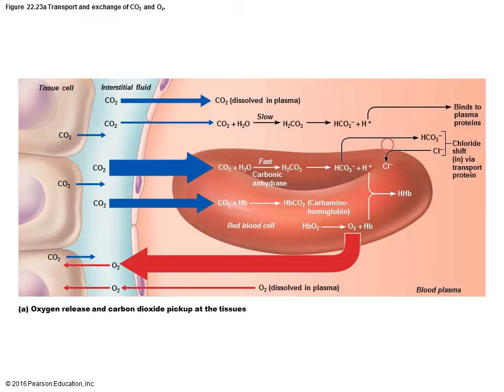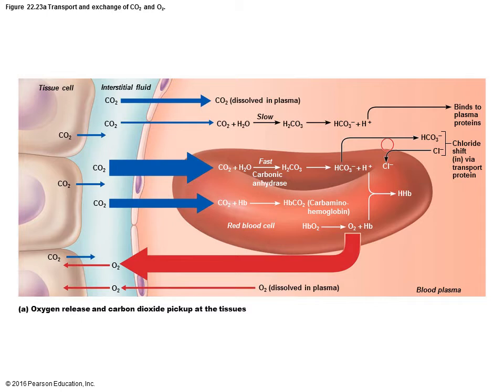This diagram shows the blood plasma on the right and the tissue cells on the left, with the flow of CO2 from the tissues in blue. That CO2 flows out of the tissues, across the interstitial fluid, into the capillaries, and then binds to the red blood cell.